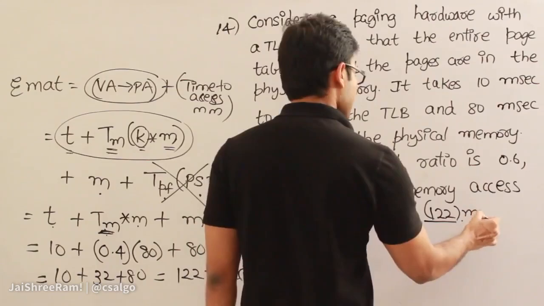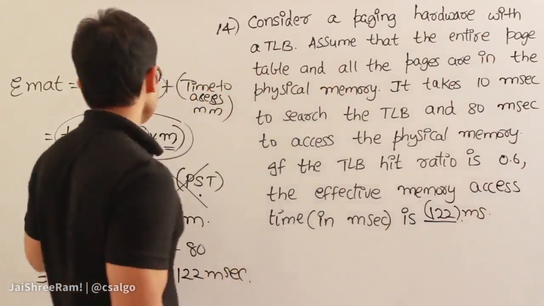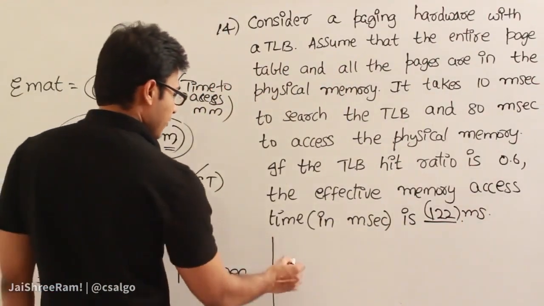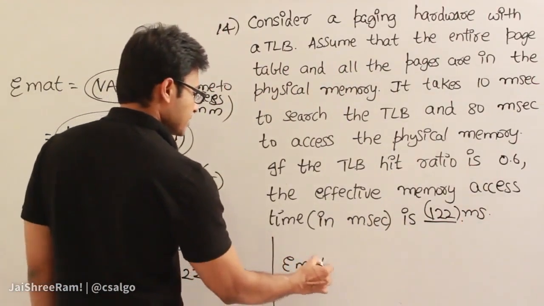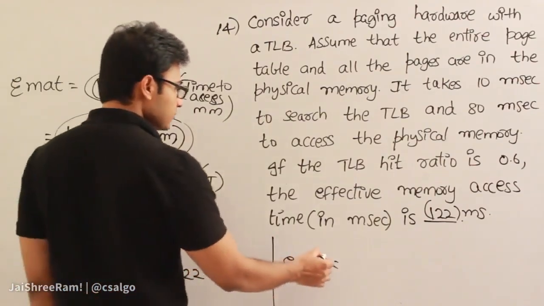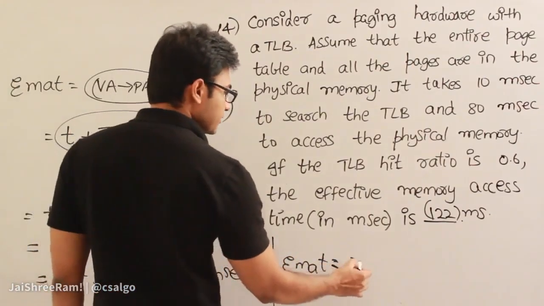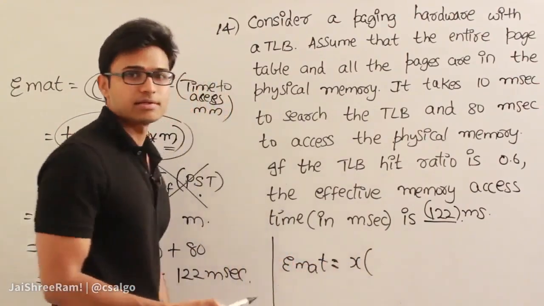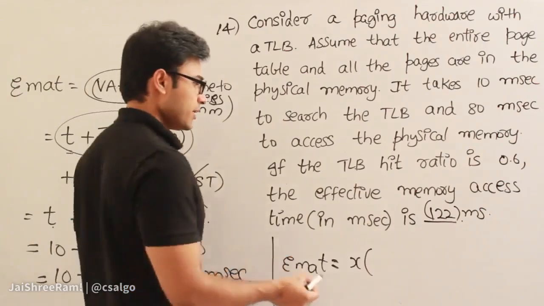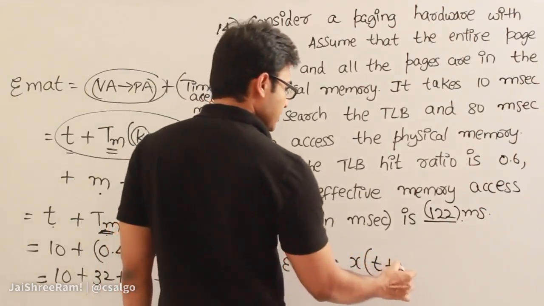122 milliseconds, right? If you didn't understand this formula, maybe you can use the other formula as well. Effective memory access time is, let us say x is the TLB hit. In case the required page table entry is present in the TLB, then it is T plus m.